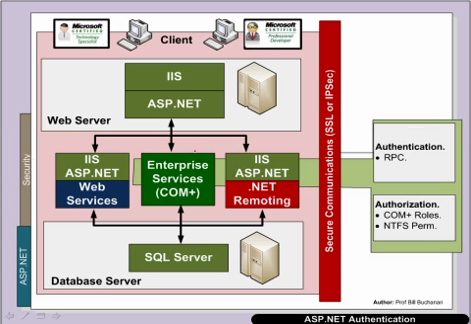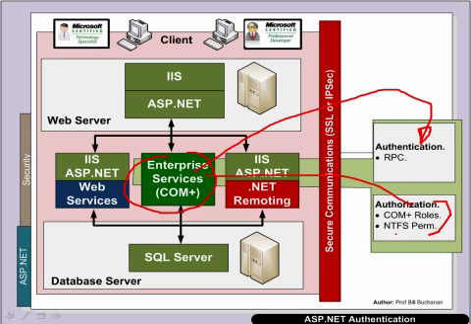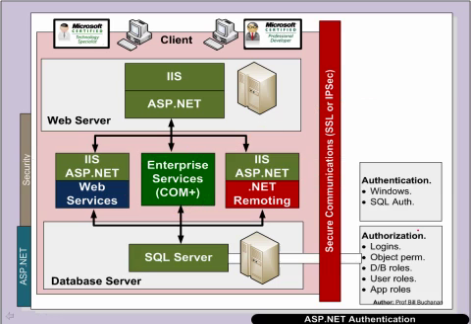At the next layer we see enterprise services, and with this we have authentication using the RPC protocol and the authorization using COM+ roles and also NTFS permissions. Then for SQL we can have Windows authentication or SQL authentication, and with the authorization logins, object permissions, database roles, user roles and application roles.